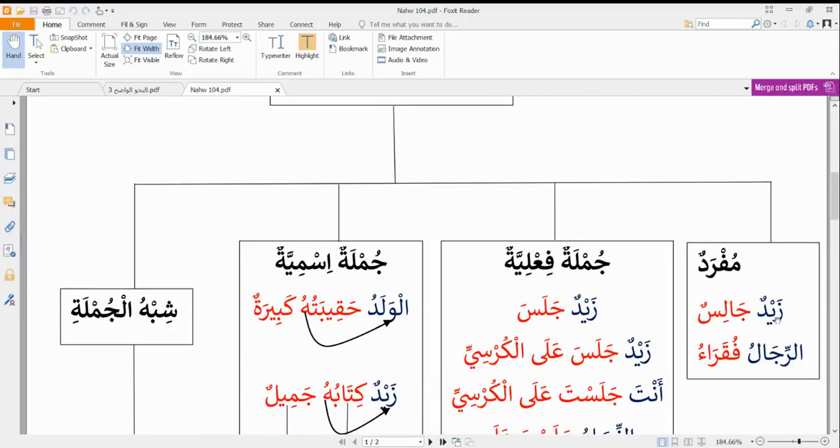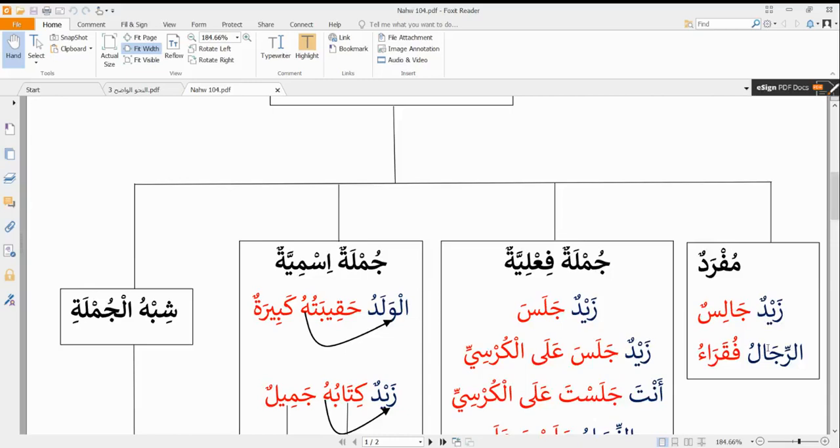So you can see our mubtada here, Zaid, and the khabar jalis is in red. That is a single word, the khabarun mufrad. And we have ar-rijalu fuqara'u, the men are poor. Fuqara'u is also our khabar here, even though it is a plural word, it is a single word. So when we say khabarun mufrad, it means the khabar is formed with a single word as opposed to being formed with an entire sentence.